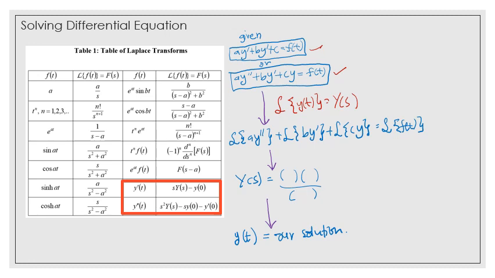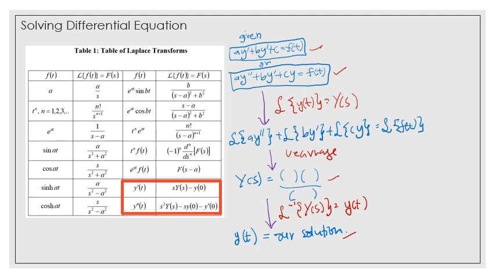Then we rearrange until we get Y(s) on the left side. After we get Y(s) on the left side and the rest on the right side, we find the inverse Laplace transform. Let's say I put Y(s) equal to y(t). On the right side, to find the inverse Laplace transform, we will use all the lessons that we have learned previously on how to find the inverse Laplace transform. So the right side will become our solution.